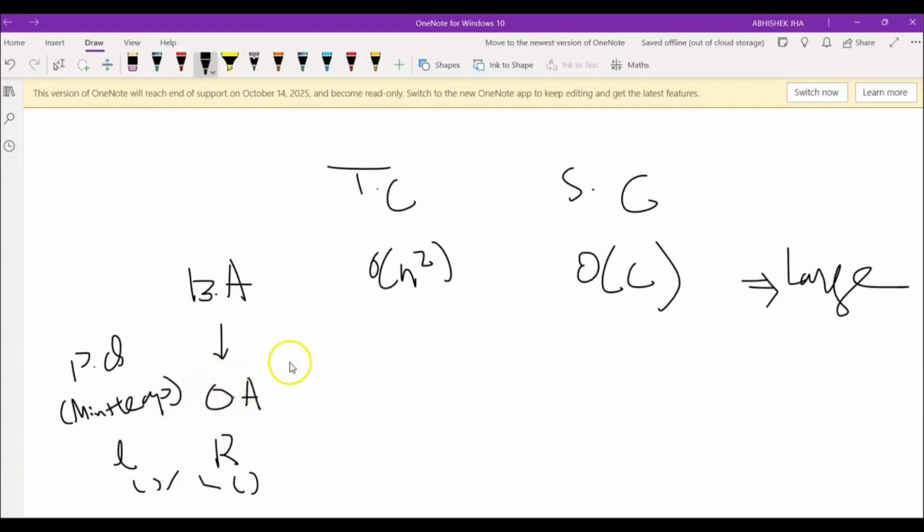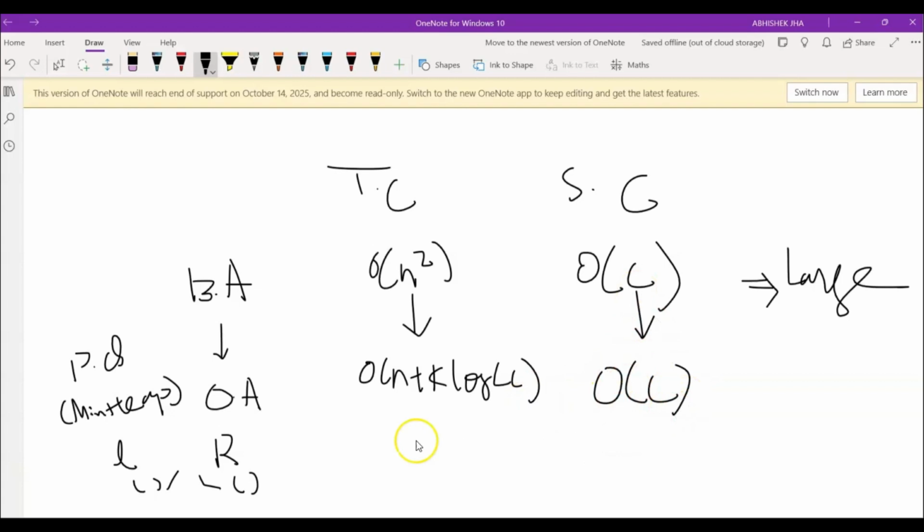So with this optimal approach, we have reduced the time complexity from O of n square to O of n plus k log C, where C is the number of candidates, whereas the space complexity remained the same, which is O of C. So this reduction of time complexity worked for us, which is super efficient for larger inputs as well. So in this way, we have optimized our time complexity with the help of the priority queue approach.